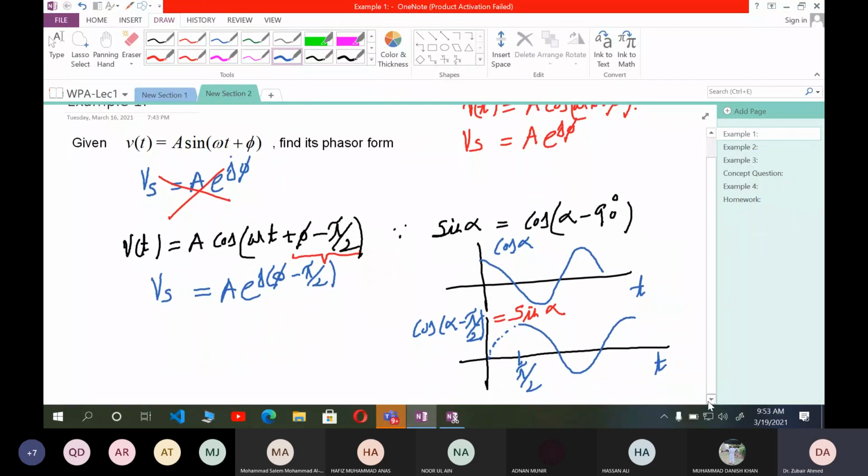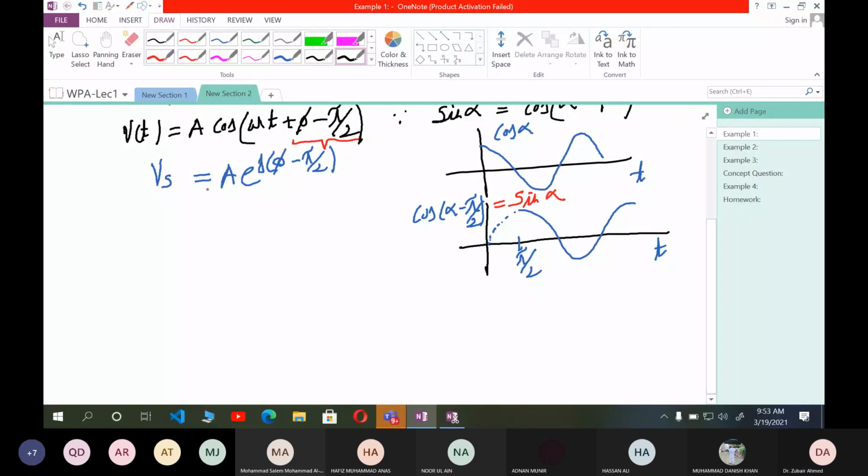I can actually simplify this further. If you want, you can also express it in the fundamental definition form. For example, you can write V of t as the real part of something times exponential j omega t, and then you can recognize that the part beside this real part and exponential j omega t is the phasor by definition.